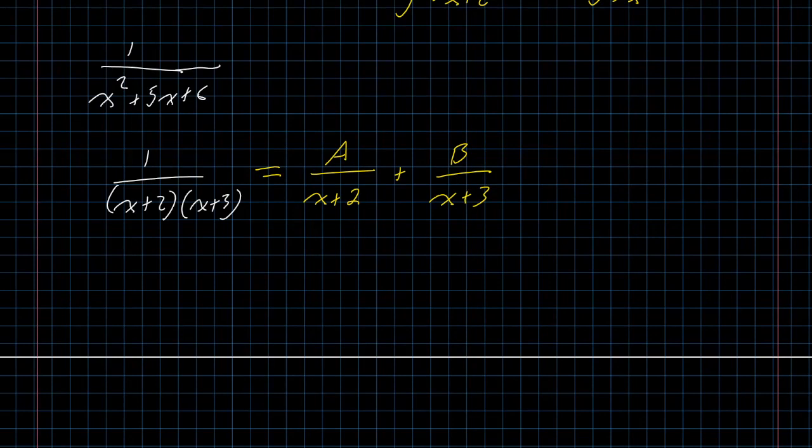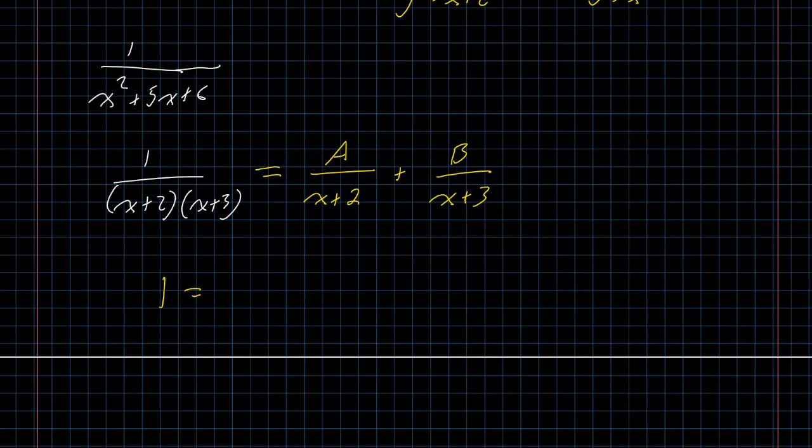All right, so I multiply both sides of the equation by the denominator, x plus 2 times x plus 3. Well, 1 over x plus 2 times x plus 3 multiplied by x plus 2 and by x plus 3, those cancel each other out, and we're left with 1.